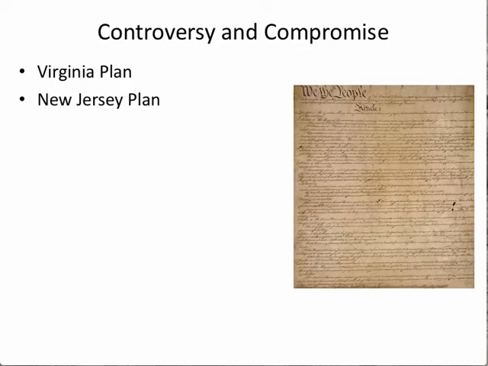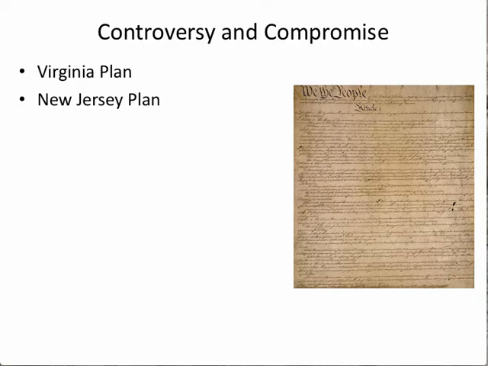Well, there were many issues that the delegates to the Constitutional Convention had to settle. One of them was, what would the legislative branch of the federal government look like? There were two different plans concerning this. One was put forth by the larger, more populated states under the leadership of Virginia.